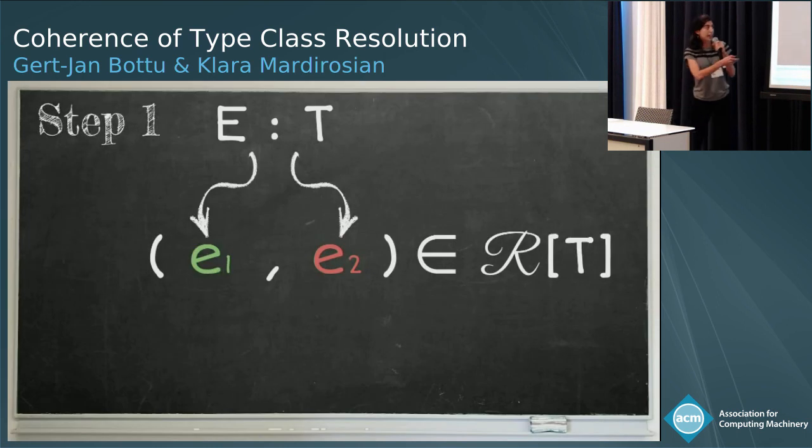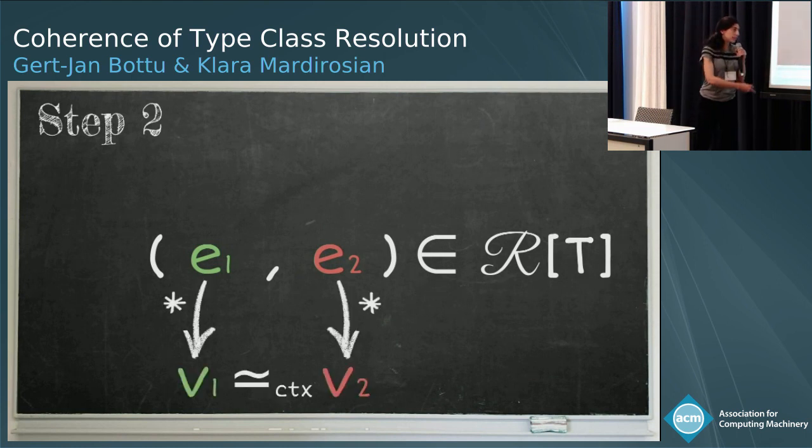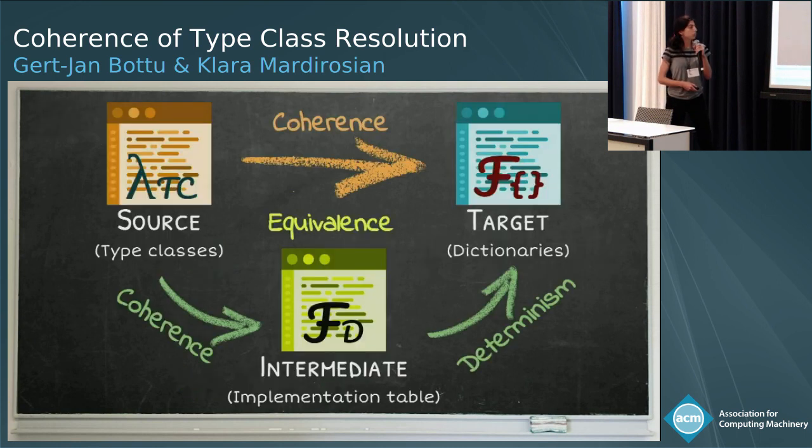And we should come up with such a relation that captures the notion of equivalence we're looking for. Okay, so this is the first step. And as a second step, we should show that any intermediate expressions that are related evaluate to values that are contextually equivalent. Okay, that sounds like a good plan. Let's go for it.